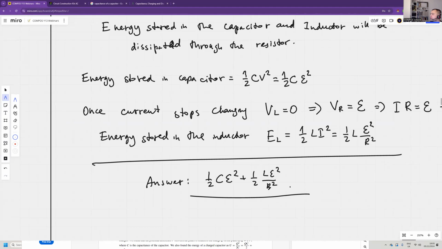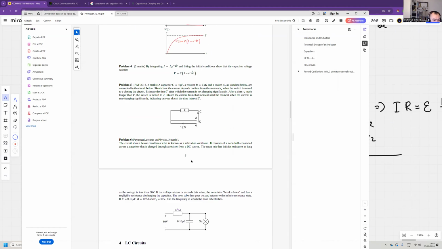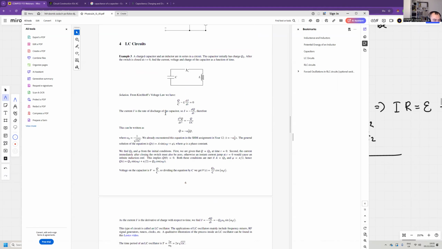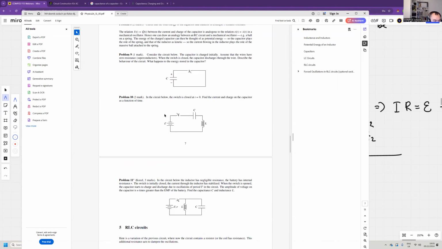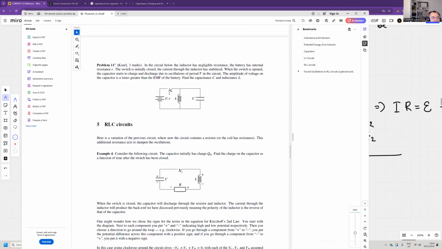That's it. You've got a very similar question in the assignment where you need to work out the maximum... where is that? That's question 11. In the circuit below, basically what you have here, the current through the battery, so the capacitor is charged, the inductor has current.